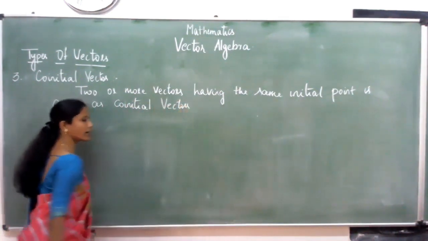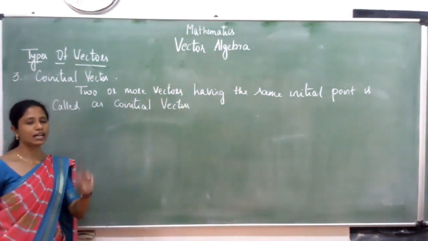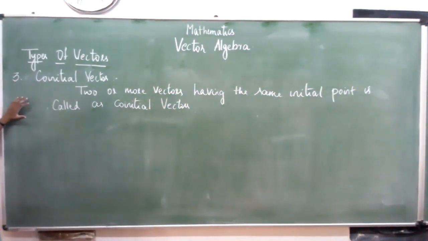Means if you have any vectors which are starting at the same point, two or more vectors, the starting point of both or more than two vectors being the same, then we call those vectors co-initial vectors.